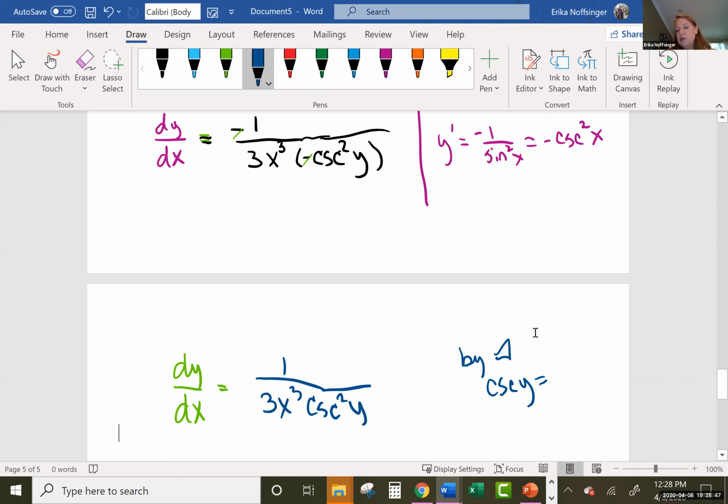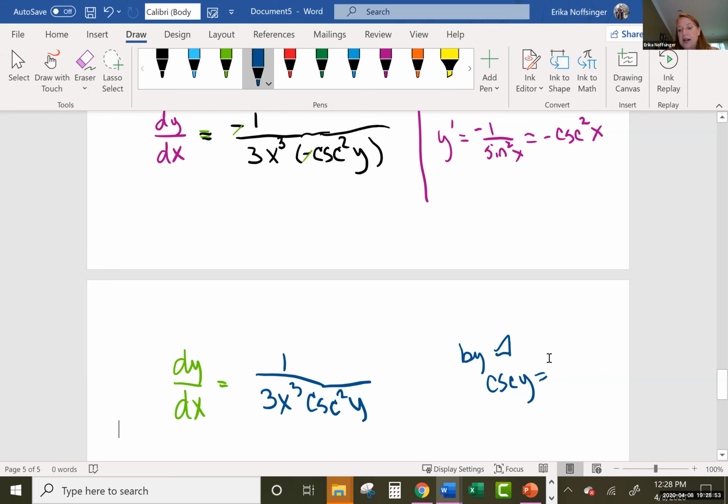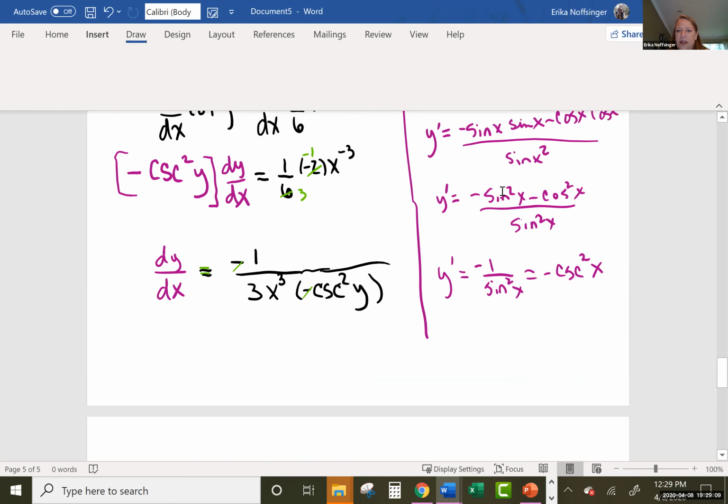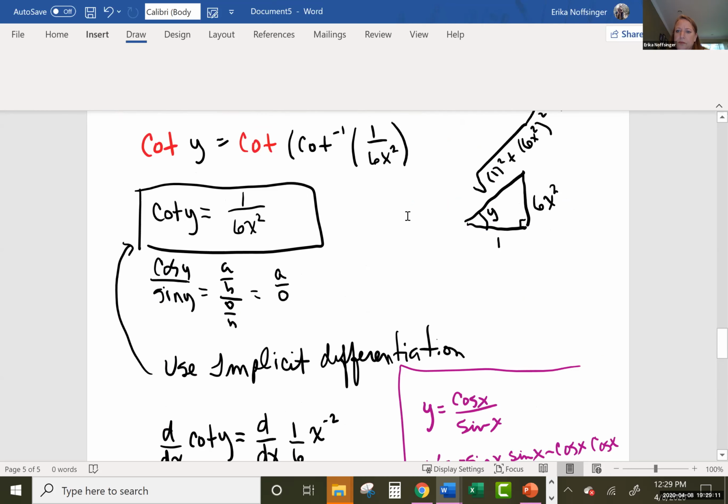So cosecant is 1 over sine. So that's going to have to be hypotenuse over opposite. So we're looking at our hypotenuse side. If I remember right, it was the square root of 1 plus 36x to the 4th, all over the opposite side, which I think was the 6x squared. Yep.